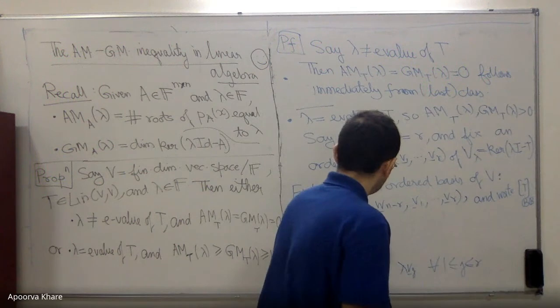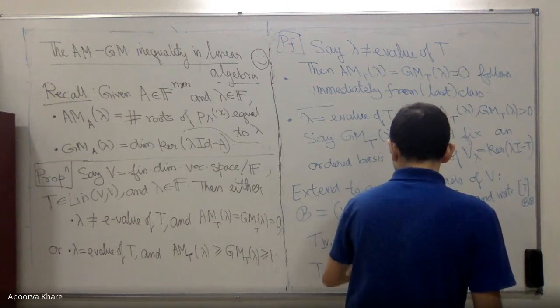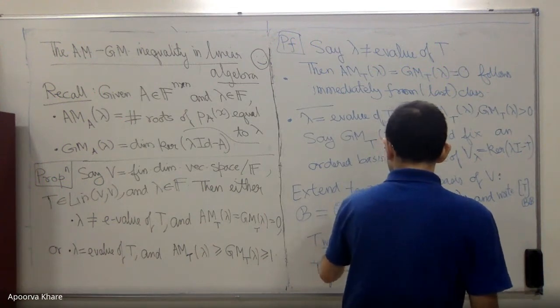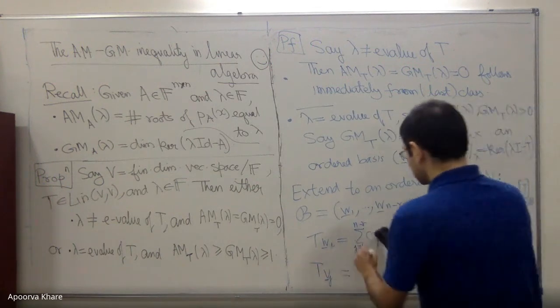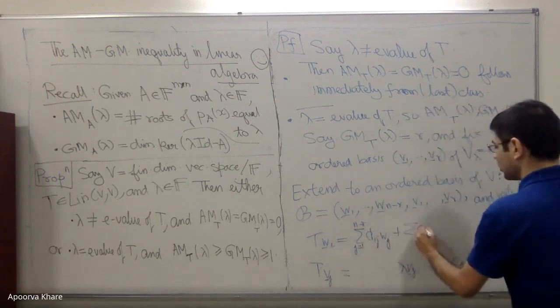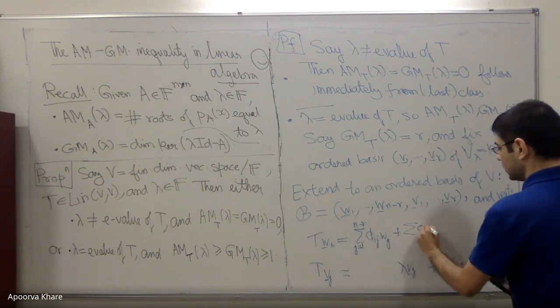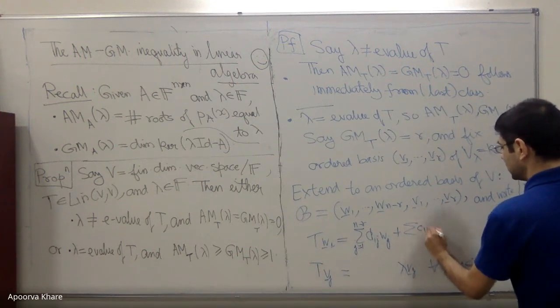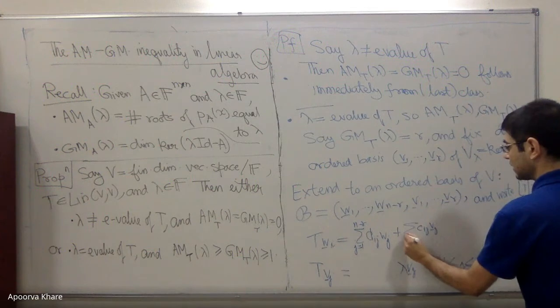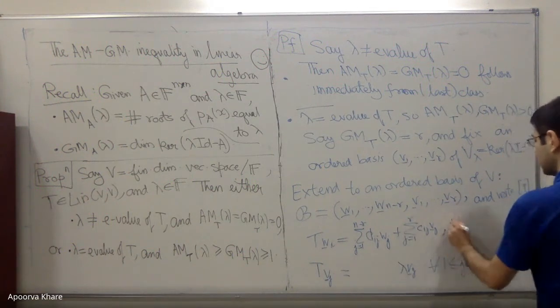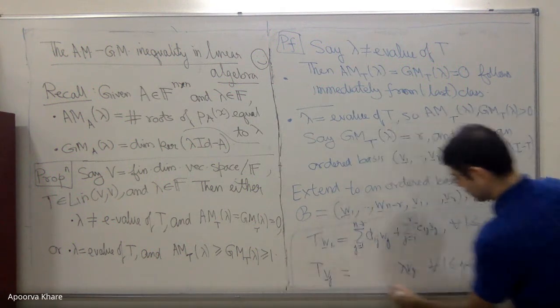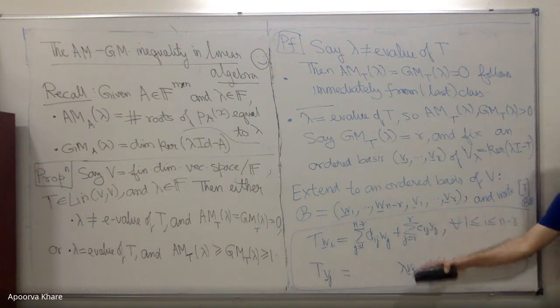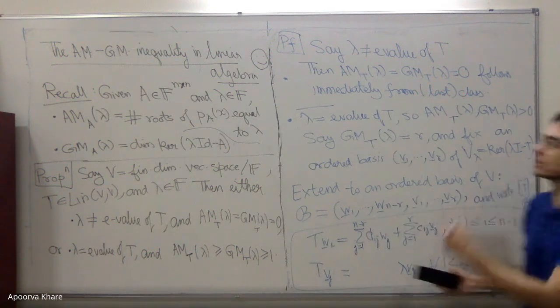T Wi is the sum of Dij Wj, where j goes from 1 to n minus R, plus the sum of Cij Vj, where this time j goes from 1 to R, for all 1 less than or equal to i less than or equal to n minus R. This is how the linear transformation acts. I'm writing it in terms of the ordered basis B, and therefore I can write this matrix down.